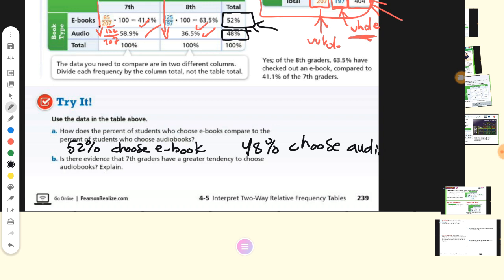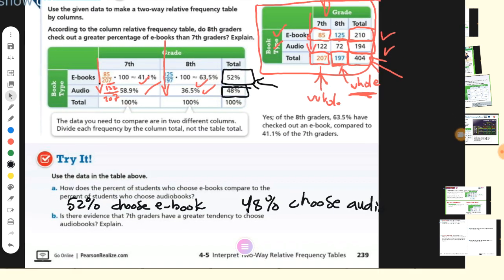Okay. Is there evidence that 7th grade has a greater tendency to choose audiobook? Explain. I'll read the numbers.